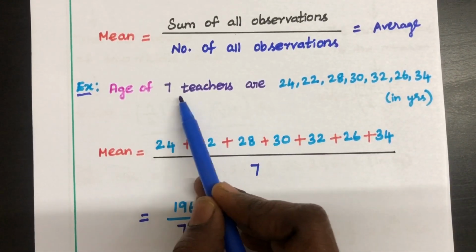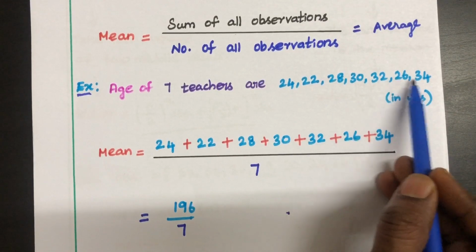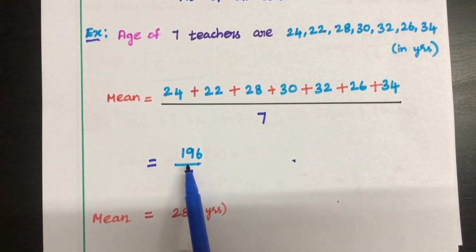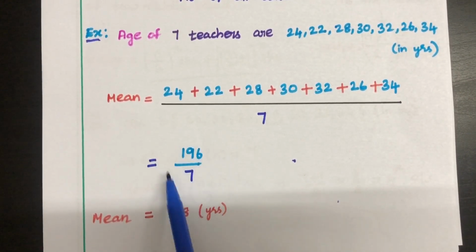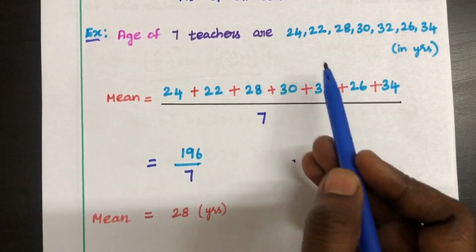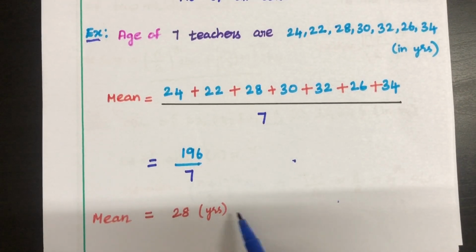How many teachers? 7 teachers. So if we add, we will get 196 divided by 7. So mean is equal to this division, which equals 28 years. So the average age of the teachers is 28.